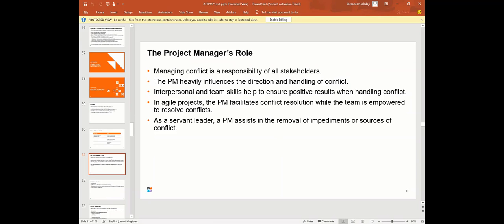So interpersonal and team skills help to ensure positive results when handling conflicts. In agile projects, the project manager facilitates conflict resolution while the team is empowered to resolve conflicts.